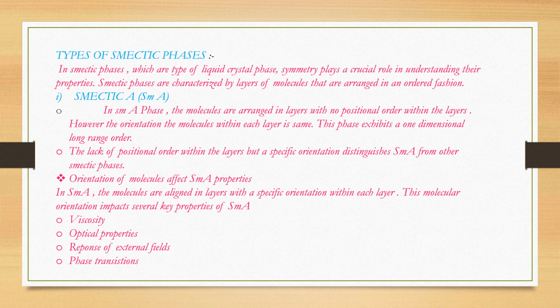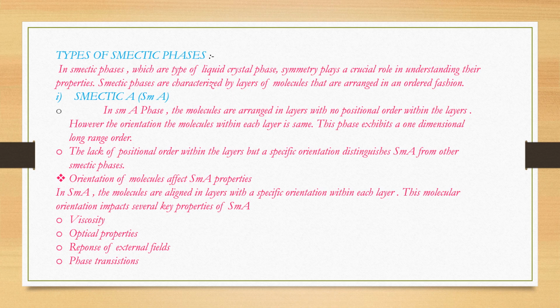In smectic A, the molecules are arranged in layers with a specific orientation within each layer. This molecular orientation impacts several key points in smectic A: viscosity, optical properties, response to external fields, and phase transitions. First, we will see about viscosity.